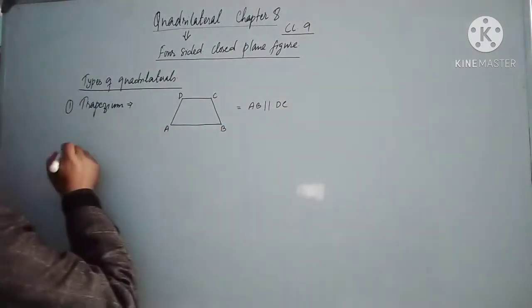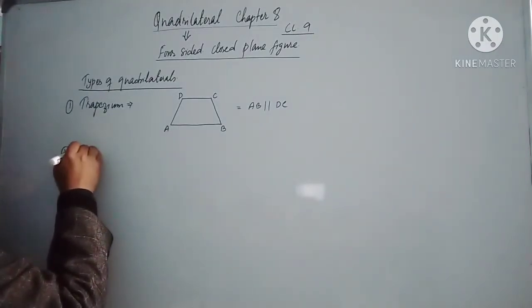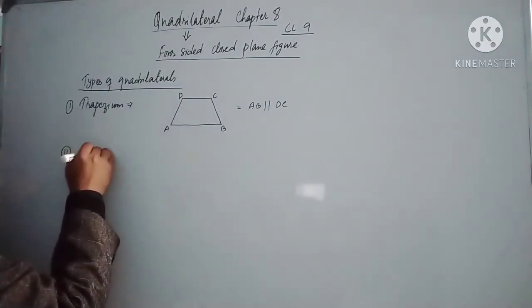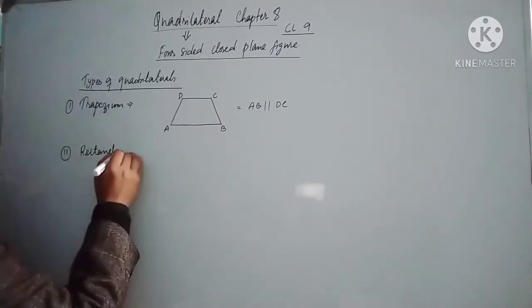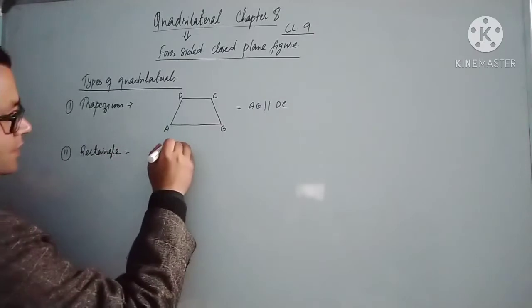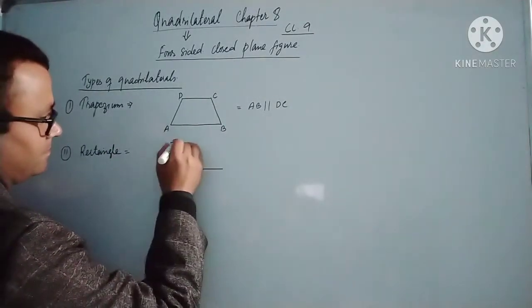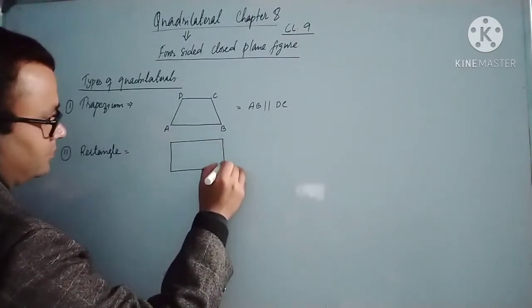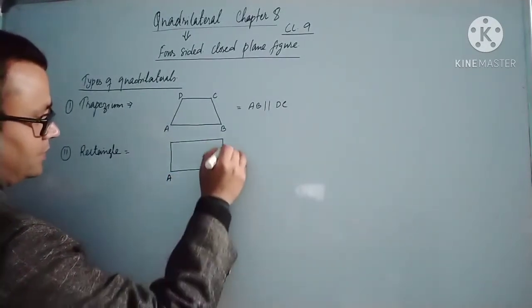And next is rectangle. Rectangle is also a four-sided figure, ABCD.